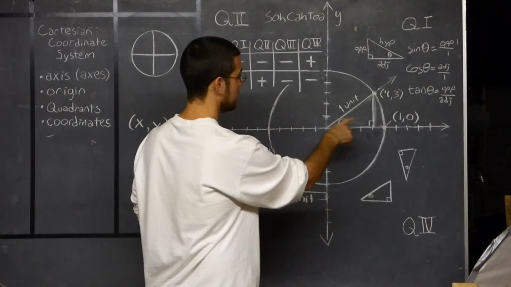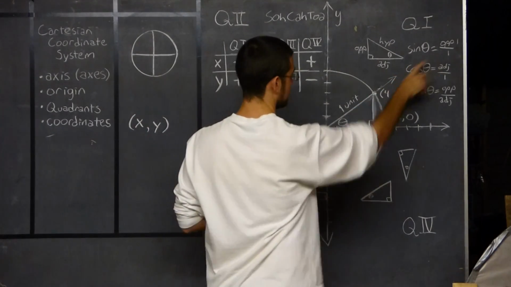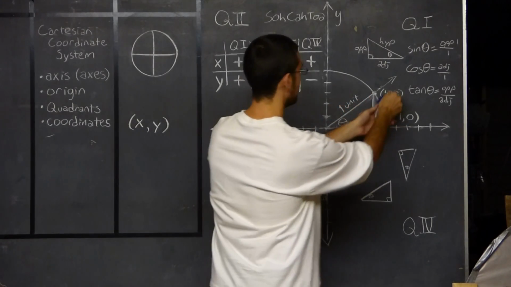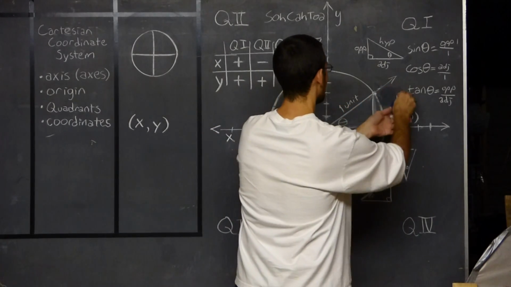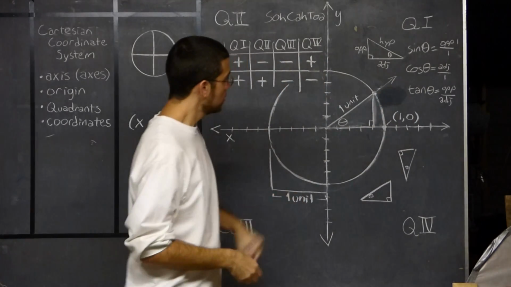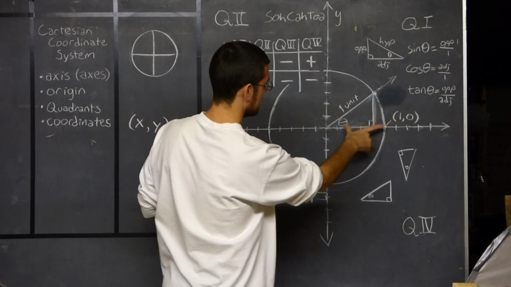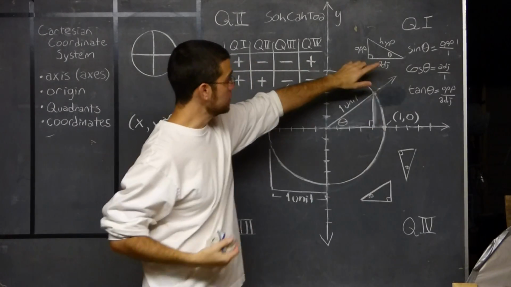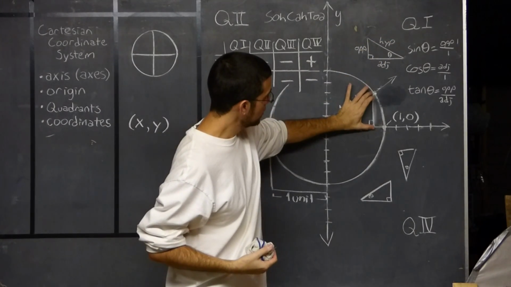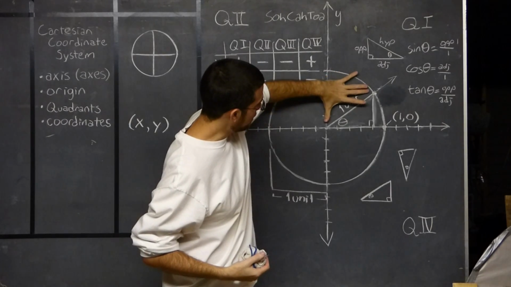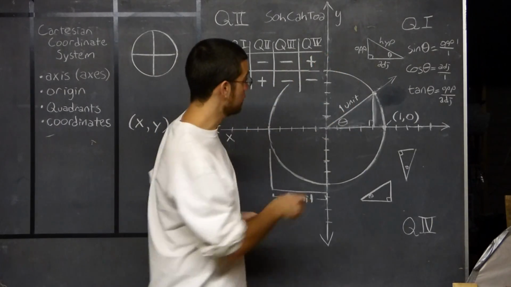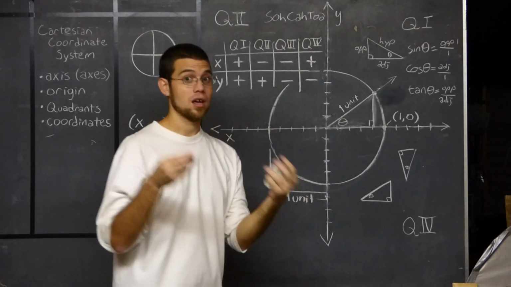And so the sine of theta is equal to the opposite side length, whatever that is. It's not 4/3 anymore, because this distance is 1. And so the sine is this vertical distance divided by the hypotenuse. Well, the hypotenuse is 1, so that means the sine of theta is just this vertical distance.